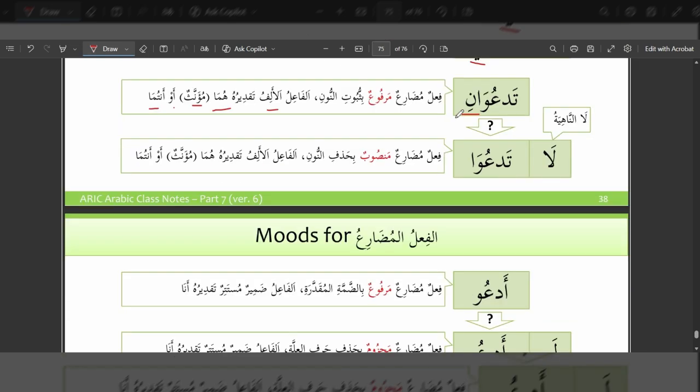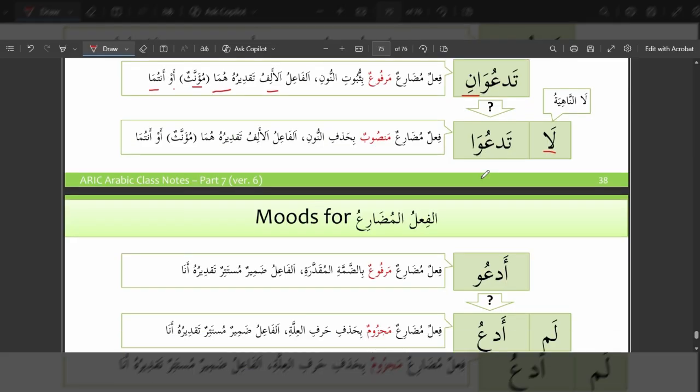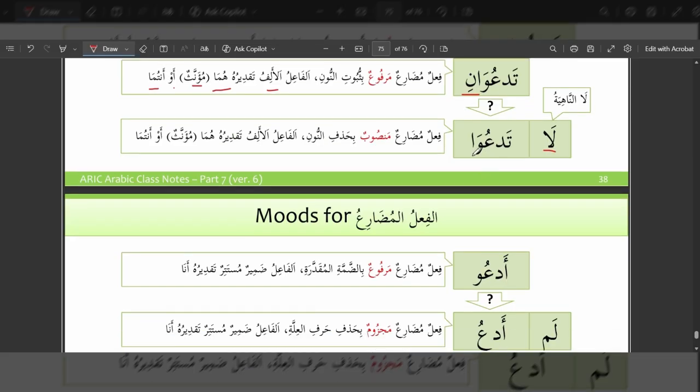So when we put la before it, again it has to be changed to the mansub form, which is tad'uwa. So, la tad'uwa. Either they both are not calling or you both are not calling.